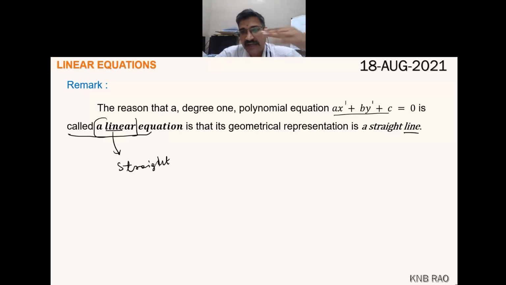And what is the linear equation in 3 variables? It's a plane, not a line. Okay, you'll come to know that in 11th standard.